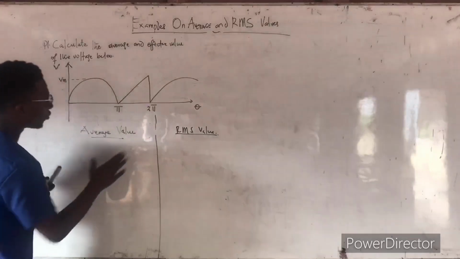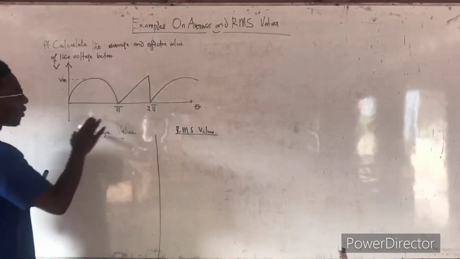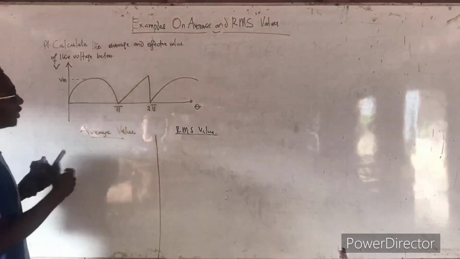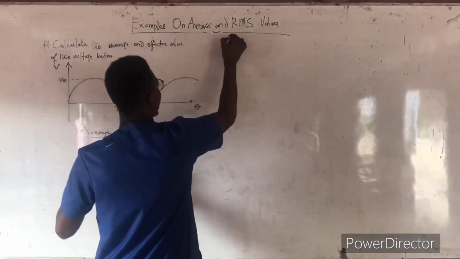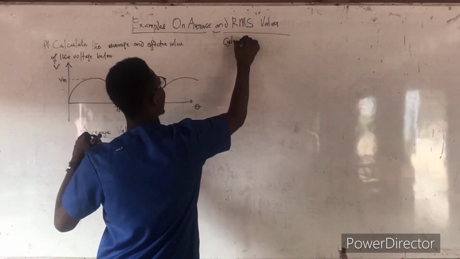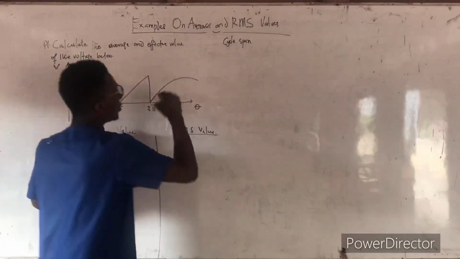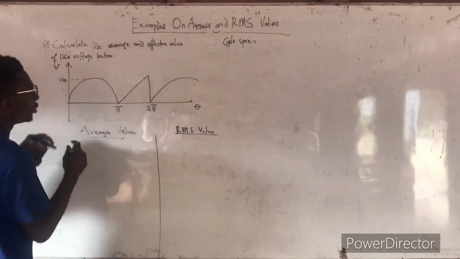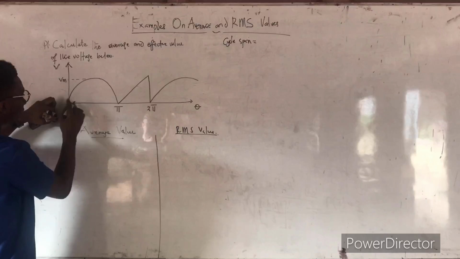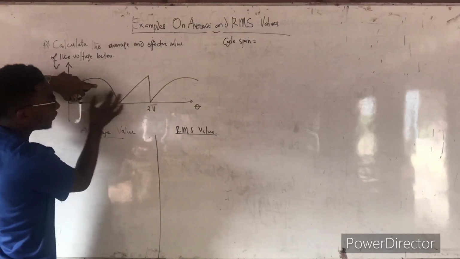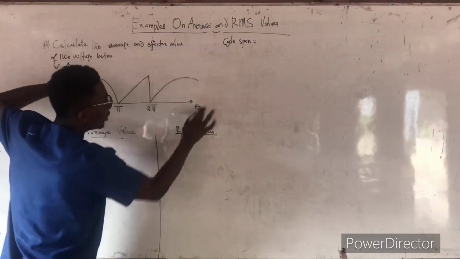First of all, what do we need? We need the period and we need the cycle. So let's write it here. So the cycle span for this particular question, we want to know the repeating. So the cycle, we have the sinusoidal wave and a triangular wave, and it continues like that.